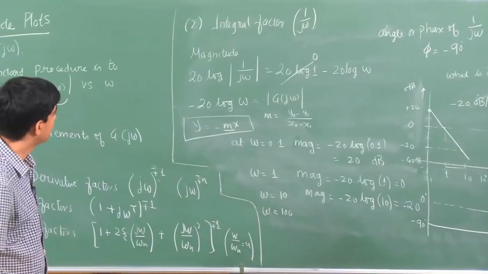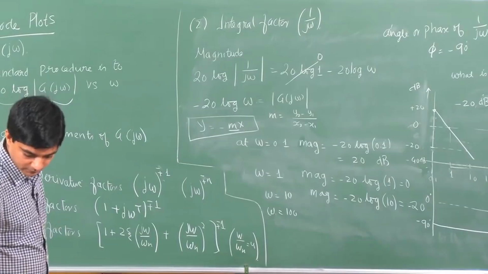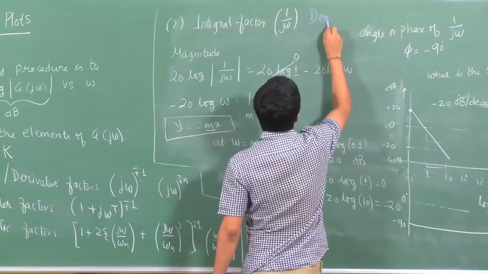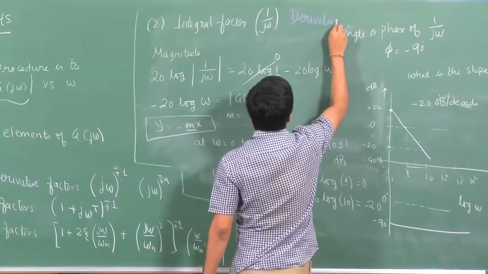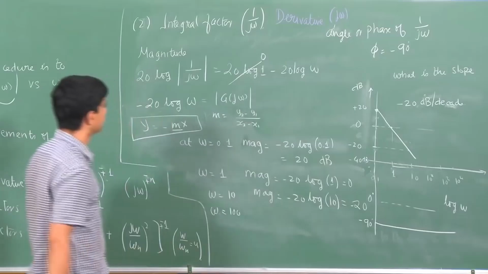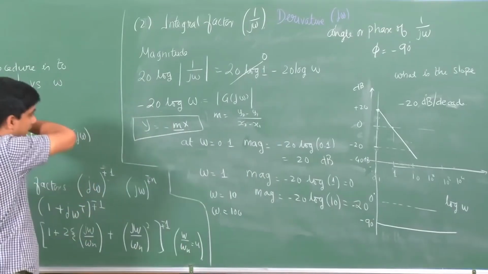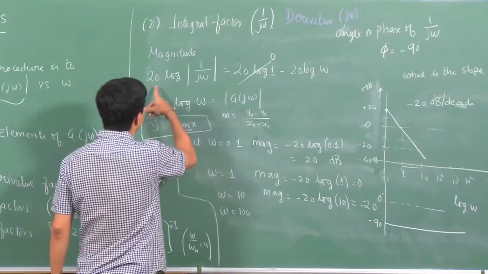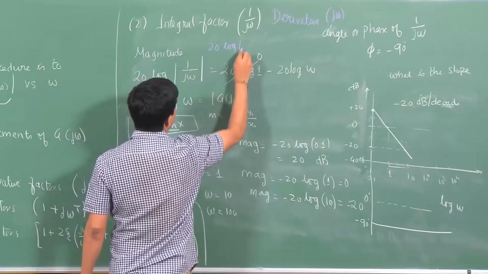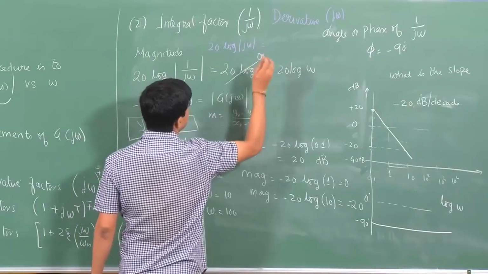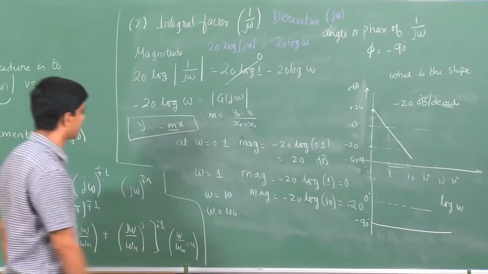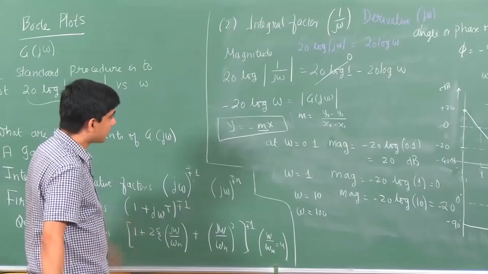Now, how will the derivative factor look like? Let me use a different color. So, the derivative factor is j omega. Then I just write down these steps again. I am not looking at 20 log 1 over j omega, but at 20 log j omega, which is simply 20 log of omega, the magnitude. Now, how will the plot of this look like?